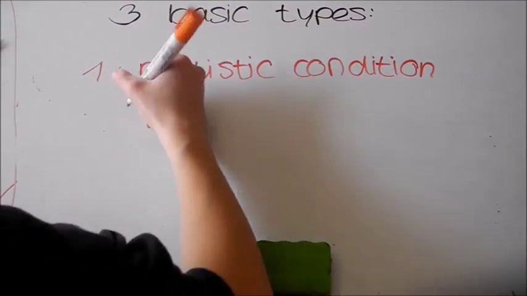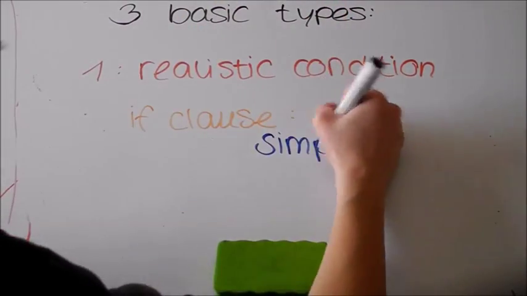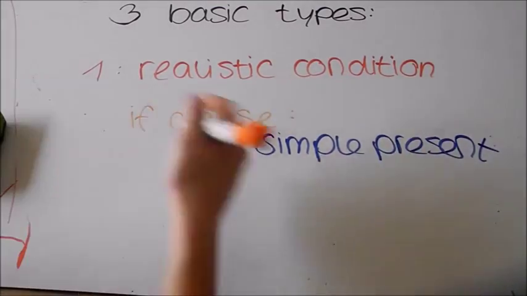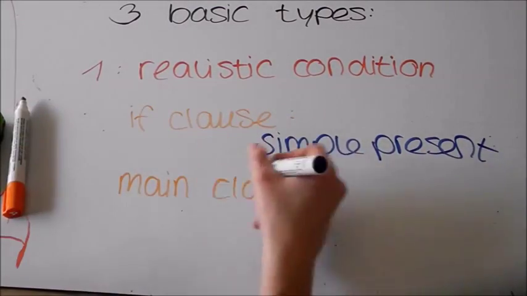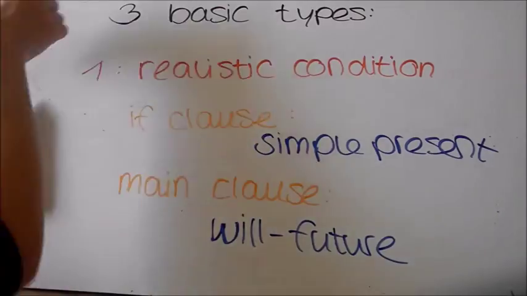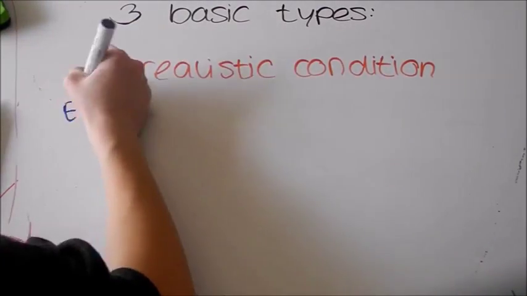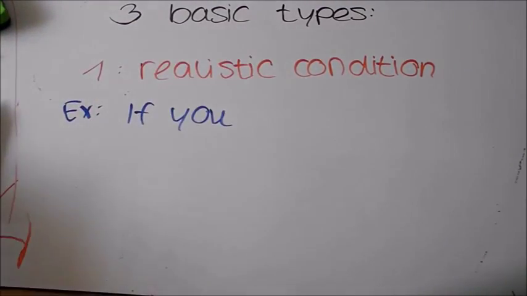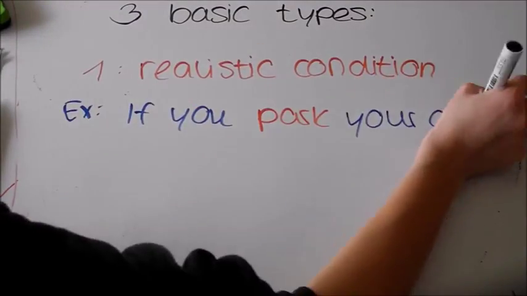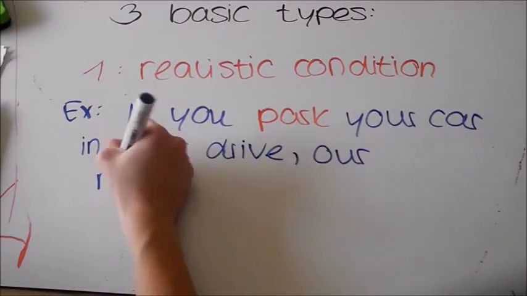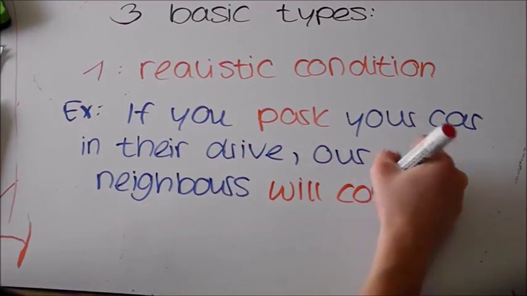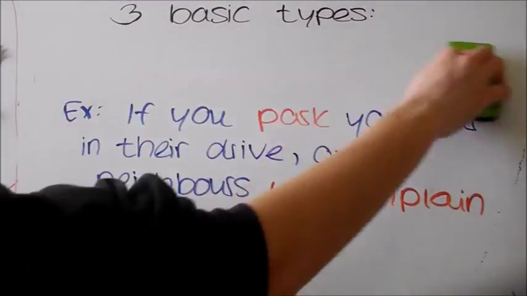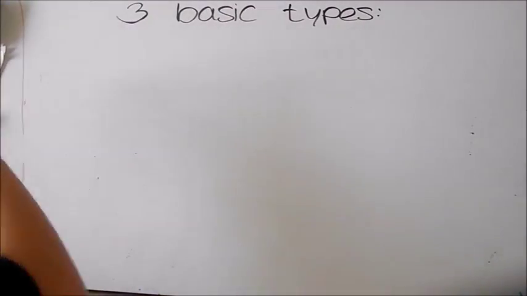Type 1, the realistic condition. The if clause is in simple present, and the main clause is in will future. For example, if you park your car in the drive, our neighbor will complain.